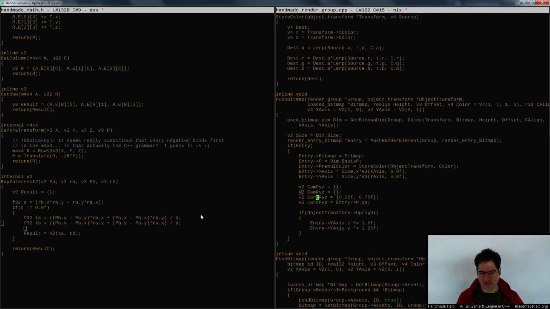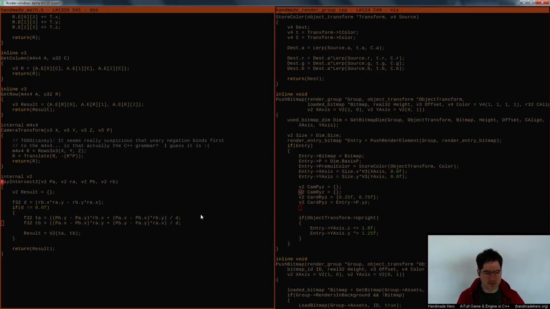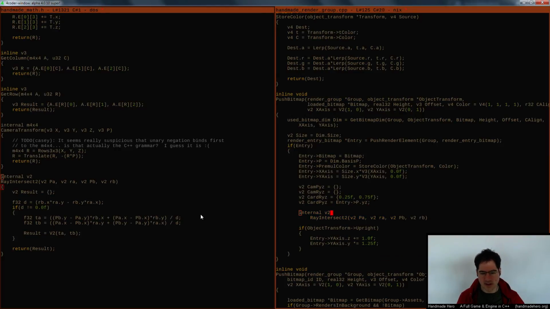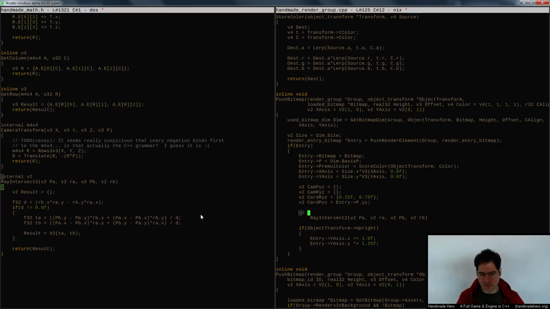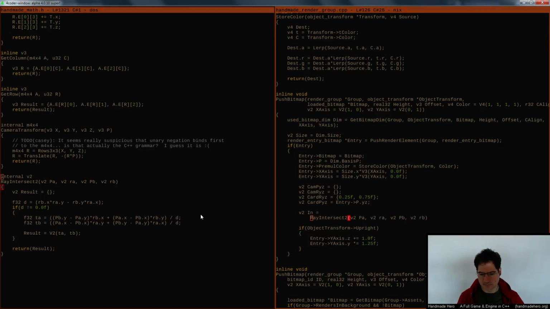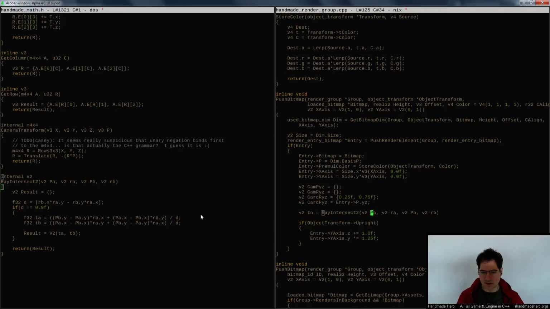So we just need to extract these two out, right? But otherwise, when we call the ray intersect code, this would give us the intersect point that we were looking for between the two rays.